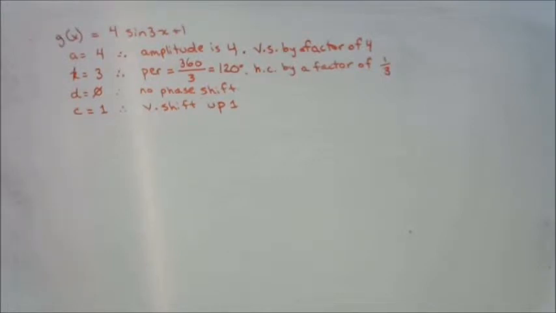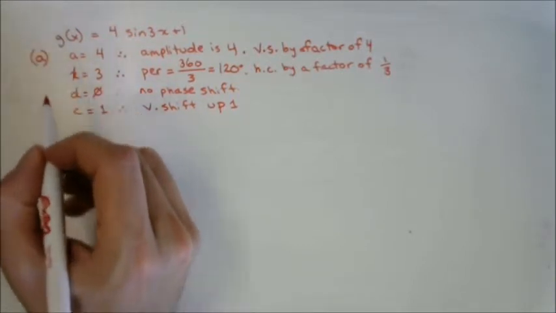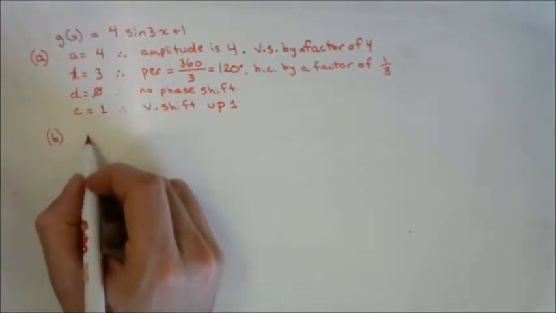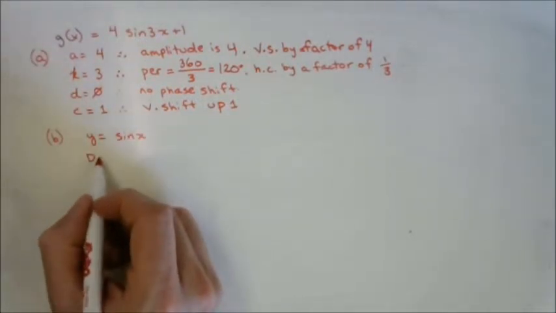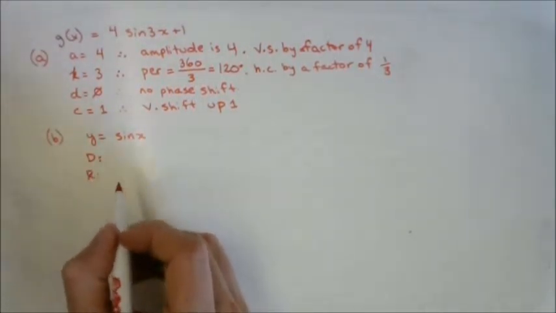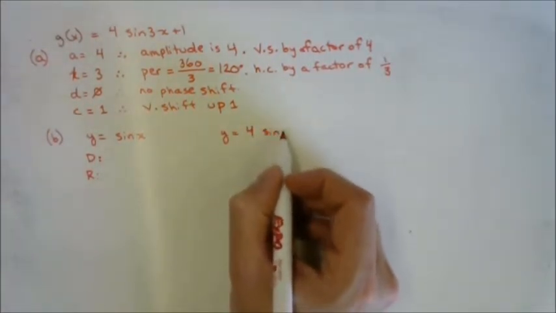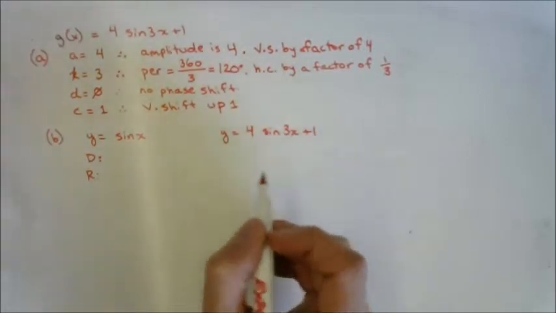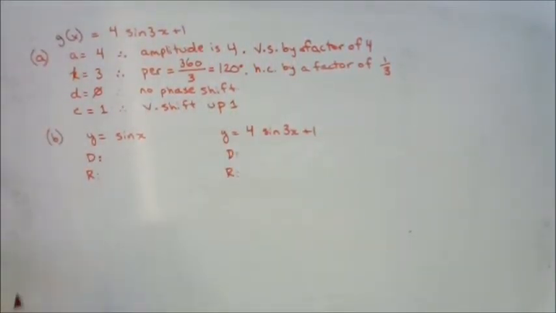State the domain and range of g of x. Okay? Let's maybe do a little bit of a comparative thing here. So here's A, B. Y equals sine of x has a domain and a range. And y equals 4 times the sine of 3x plus 1 has a domain and range.